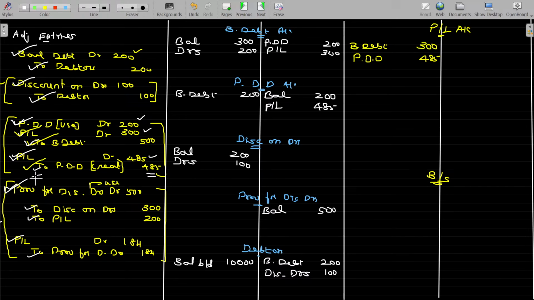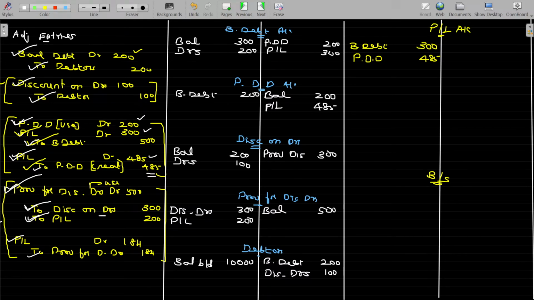And here provision for discount on debtors, we have to post to discount on debtors, value 300. Profit and loss account 200 rupees. In discount on debtors, by provision for discount on debtors, the value being 300.